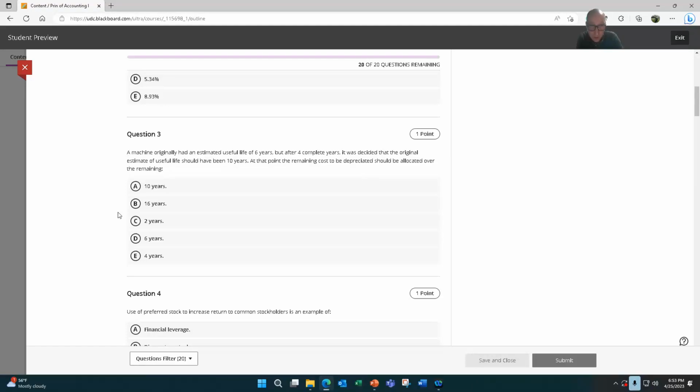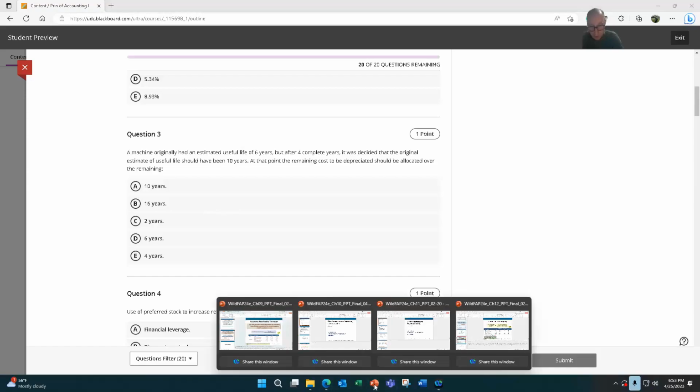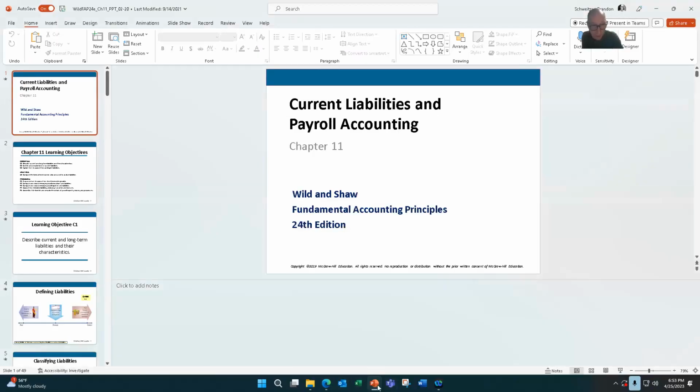At that point, the remaining cost to be depreciated should be allocated over the remaining number of years, right? This one is worded a little tricky, but I know we could get there.